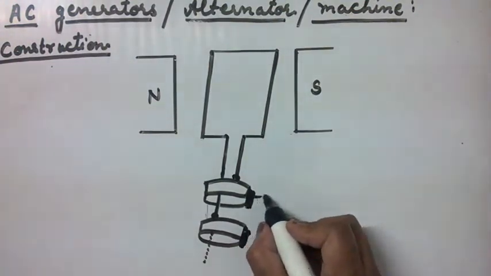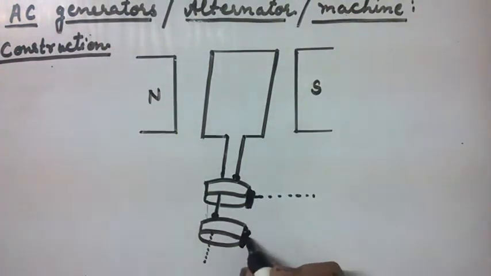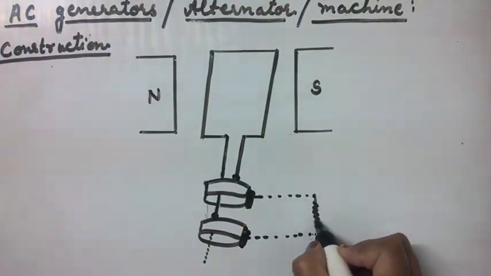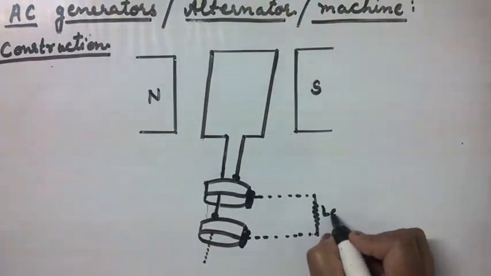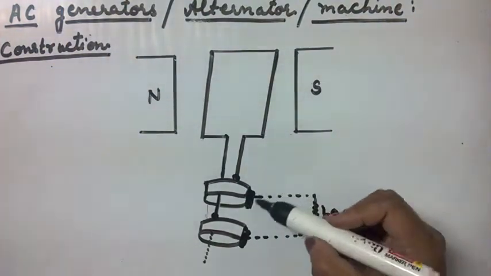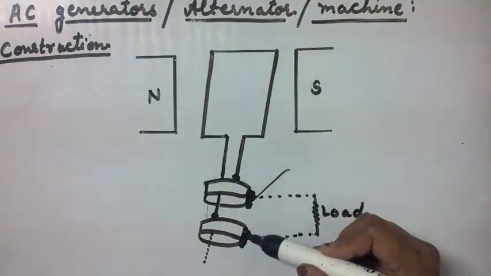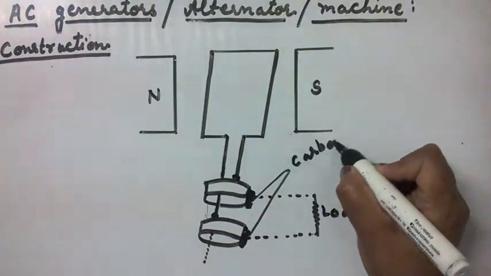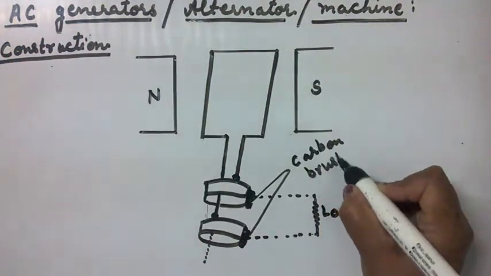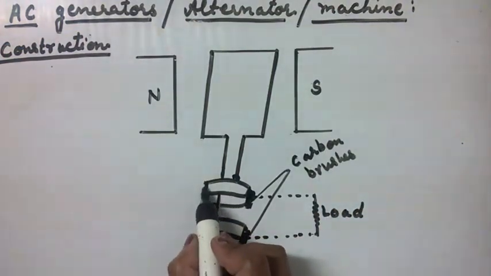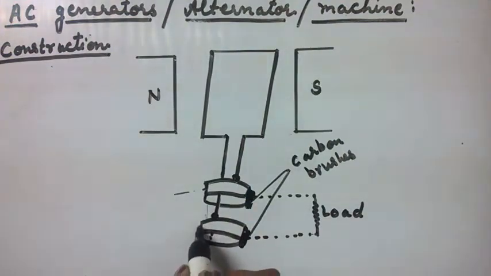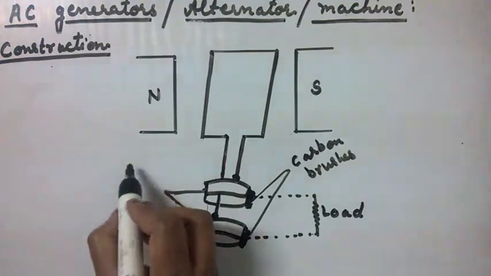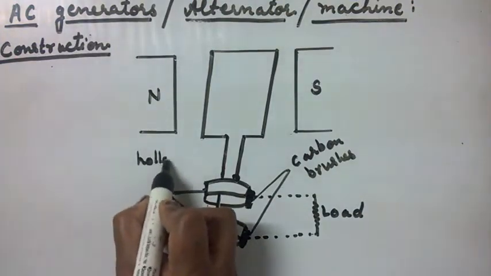And the ends of these brushes are connected with a load. Slip rings are hollow metal rings.